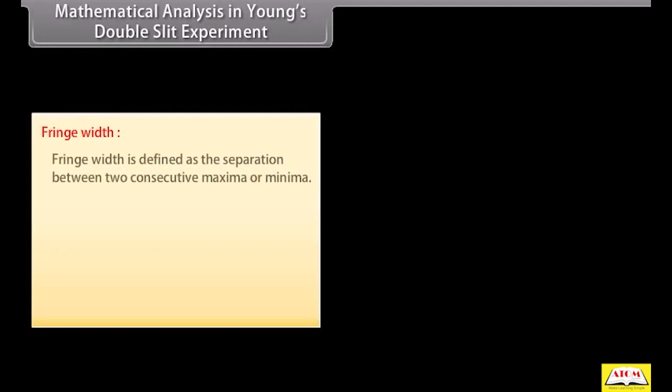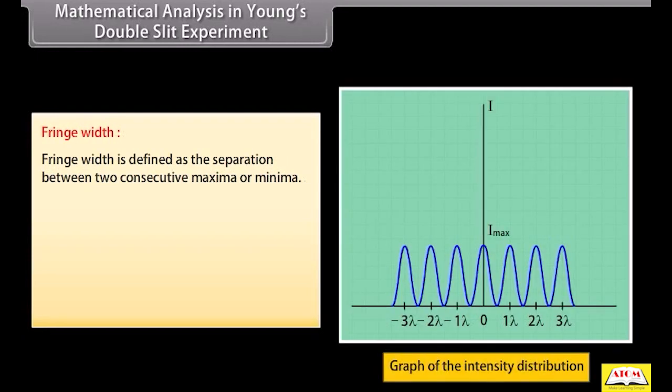Fringe width. Fringe width is defined as the separation between two consecutive maxima or minima. Beta is equal to y(n plus 1) minus yn, which is equal to capital D lambda upon small d.